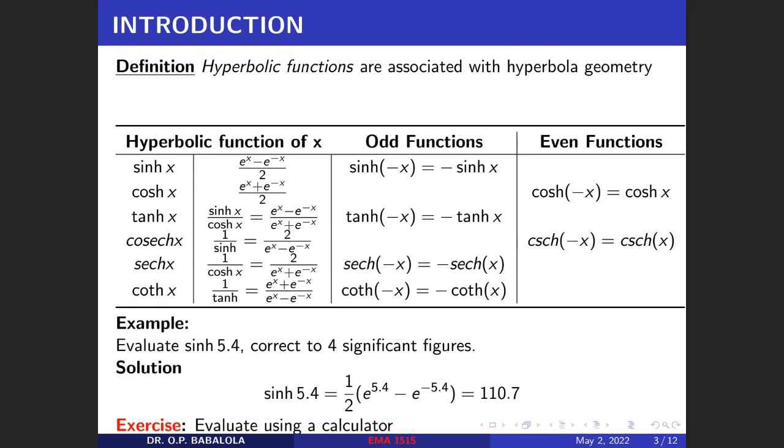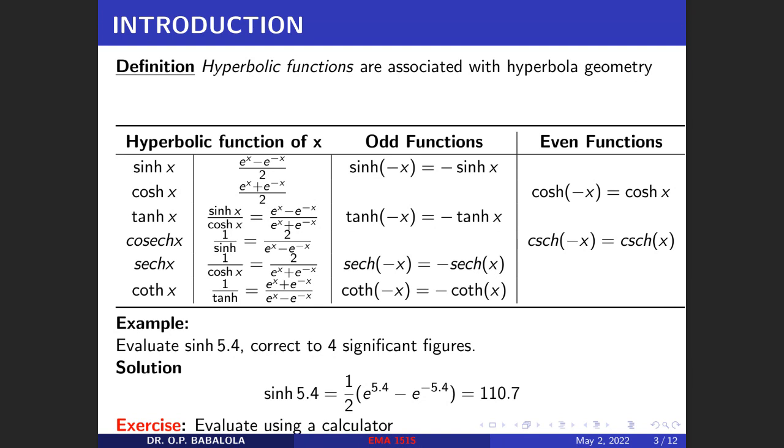And you will see a lot of it when you're plotting or sketching the graph. If x is negative, it would just imply the negative of the hyperbolic function. If it is an even function, the negative of x will not give the negative of the hyperbolic function.